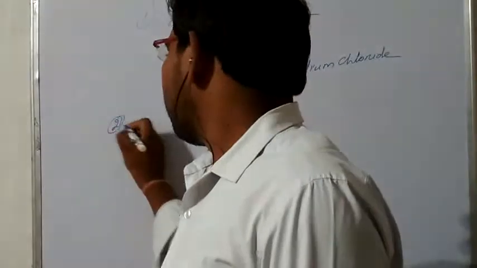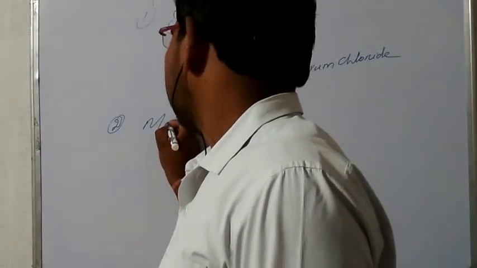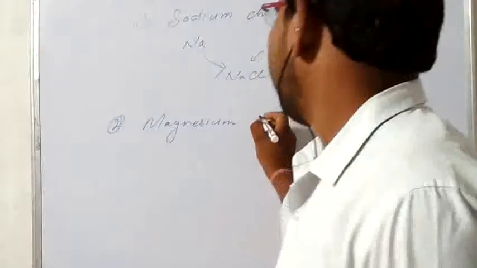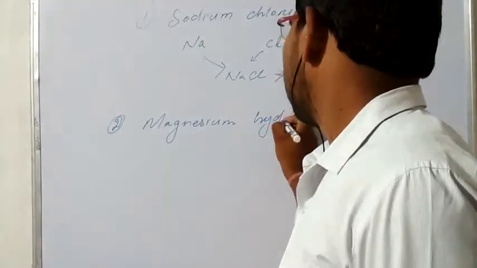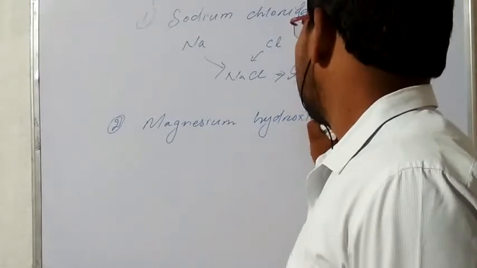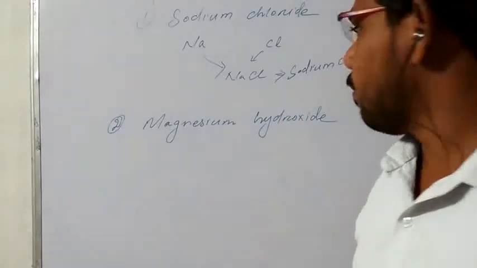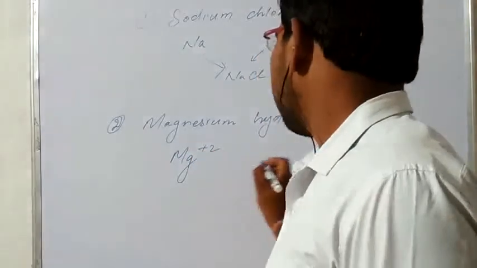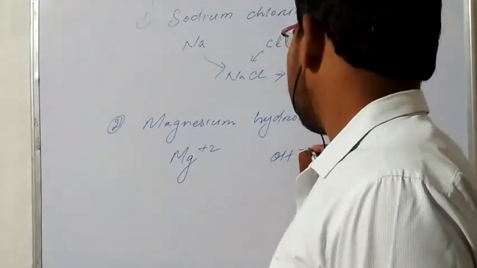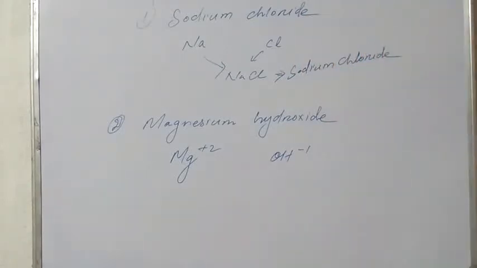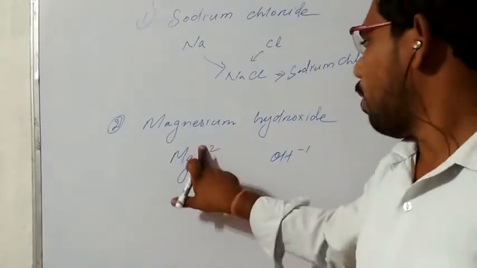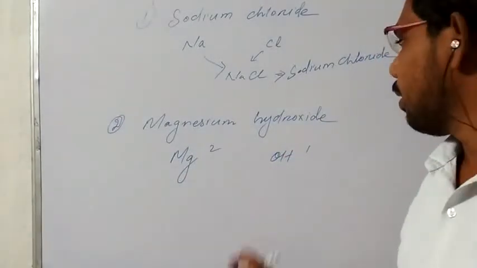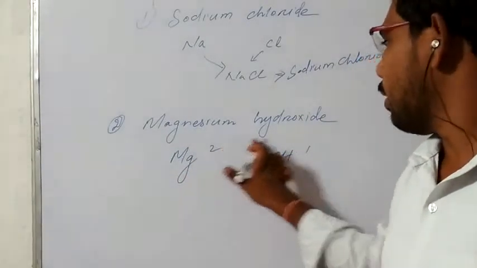Secondly, another example is magnesium hydroxide. Okay, so magnesium, the symbol is Mg, plus 2 ions are formed, and hydroxide is OH minus 1. Okay, in the compound plus and minus are cancelled. Here is the two charge and here is the one.